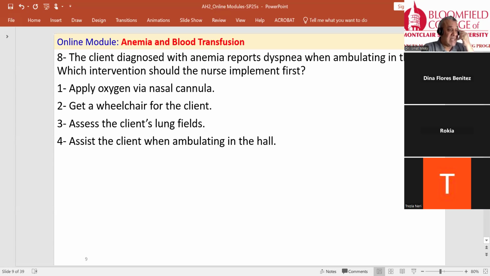Number 3, assess the client's lung fields. The problem with this client is not pulmonary, but a lack of hemoglobin.